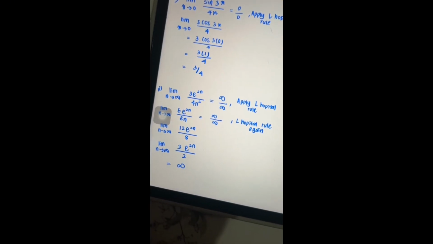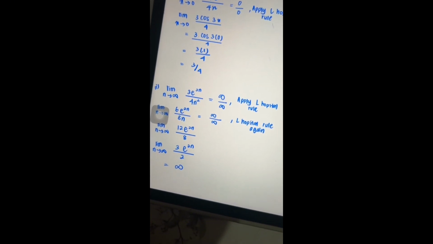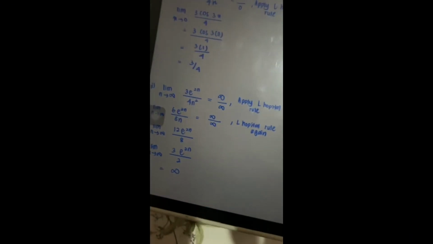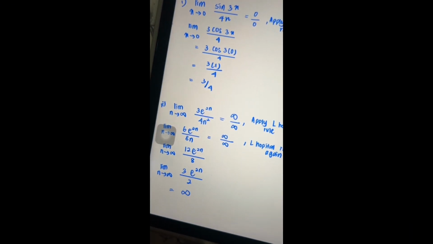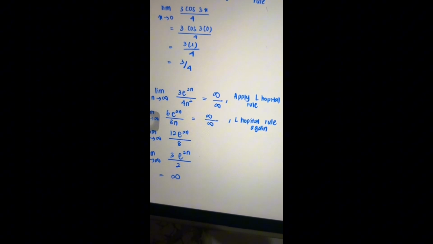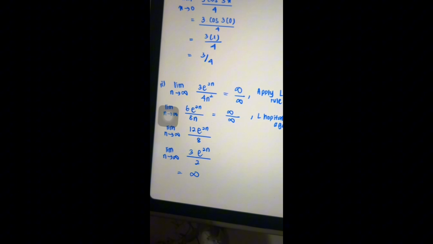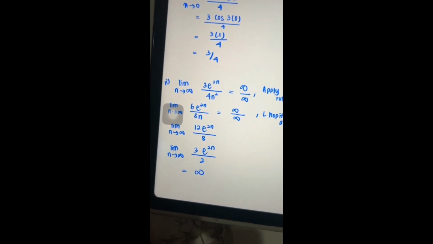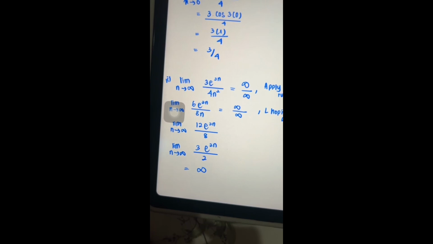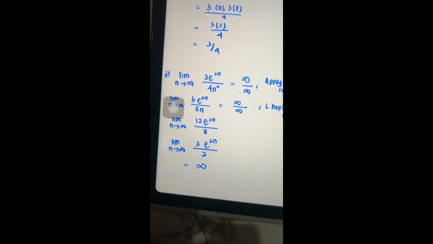Now for the second question, look at what happened when n goes to infinity. Both the numerator and denominator go to infinity, so this is an infinity over infinity expression. So we can use L'Hopital rule. First, we need to differentiate once. The numerator becomes 6e power 2n and the denominator becomes 8n.